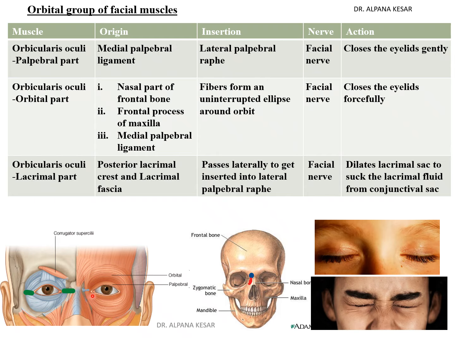The palpebral part is that part which is confined to the eyelids. Orbital part is the outer part which runs uninterrupted, forming an ellipse around the orbit. And the lacrimal part is present posterior to the lacrimal sac.